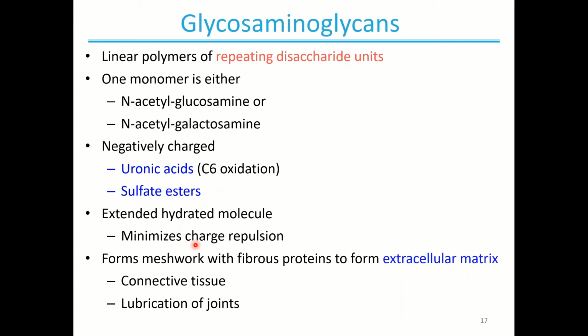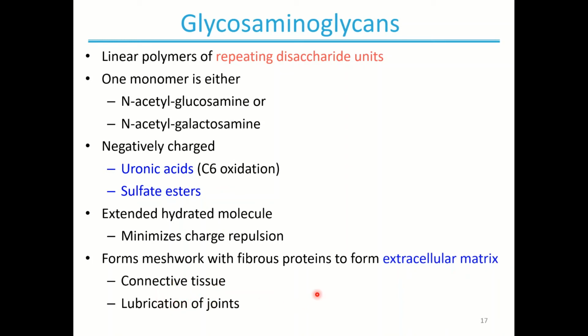And the negative charges and polar groups will attract water. These form a meshwork with fibrous proteins and form what's known as the extracellular matrix. And that's in connective tissue and involved in the lubrication of joints.